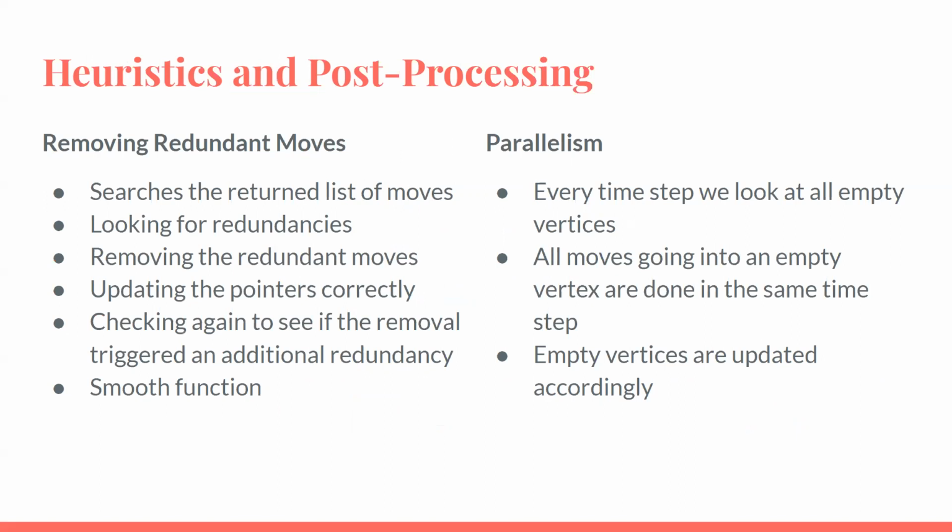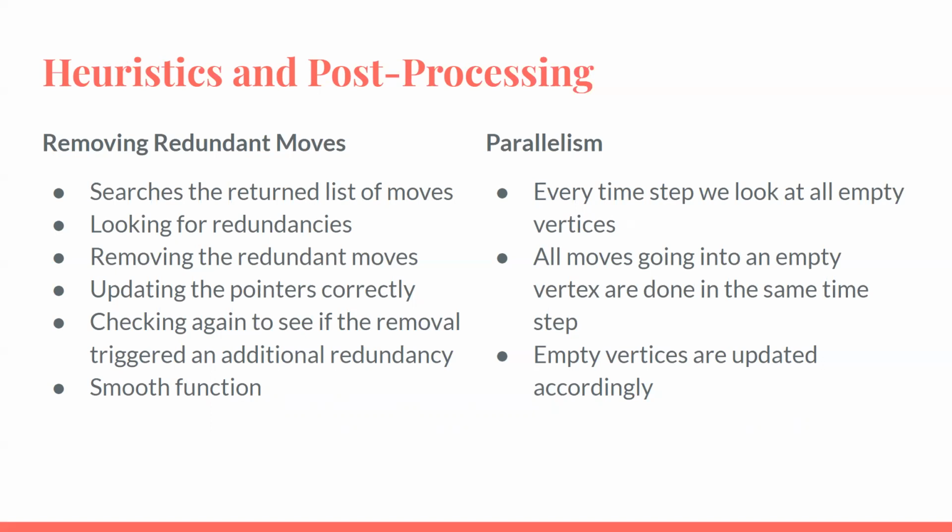We're trying to remove as many redundant moves as we can, if not all of them. That's referring to if an agent visits a vertex for a second time, so it has been moved off and then moved back, and no other agents have visited that vertex in between those moves.